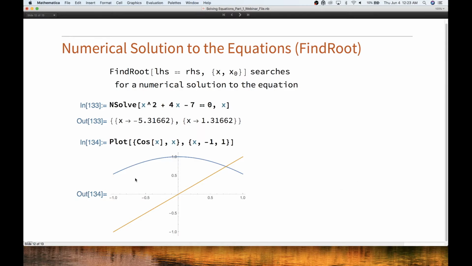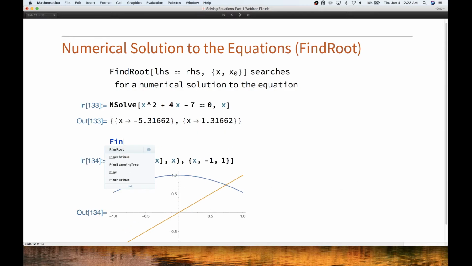So if I do FindRoot of Cos[x] equal to x, for x, and the starting point from where I have to search is 0.